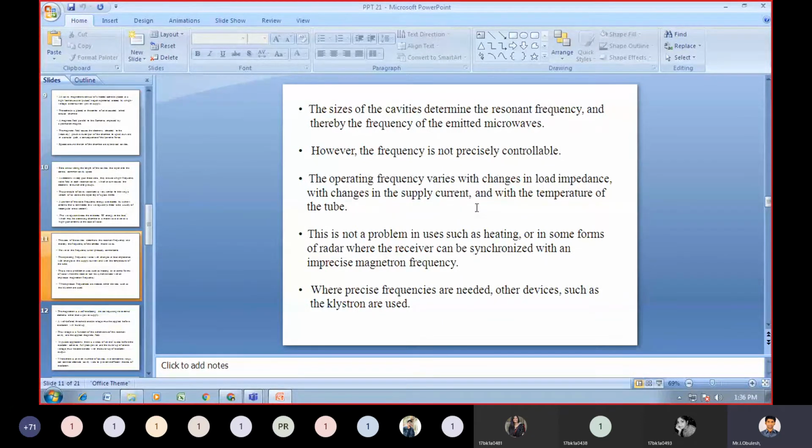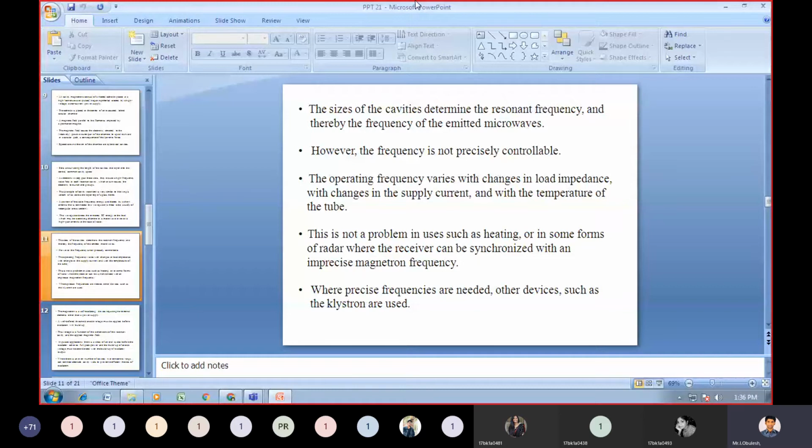with changes in the supply current and with the temperature of the tube.